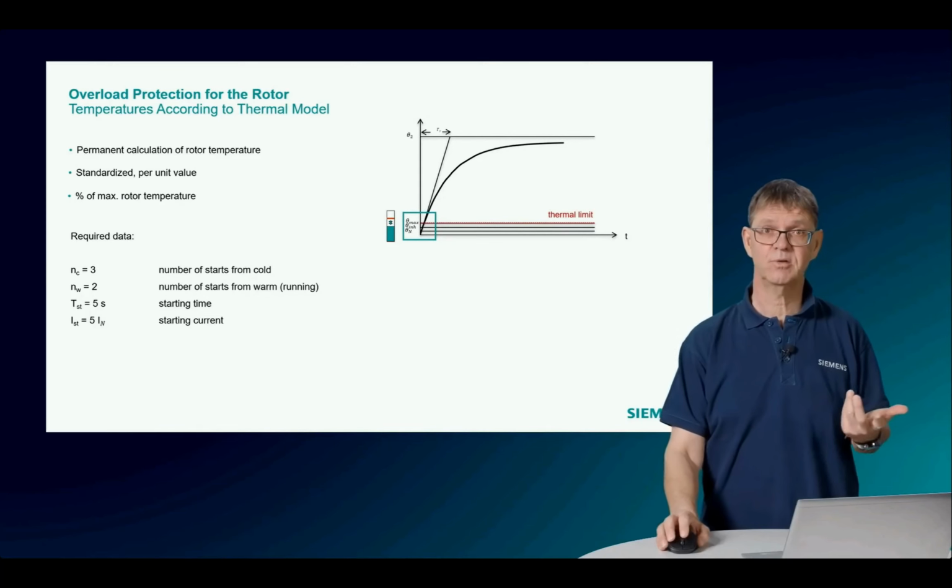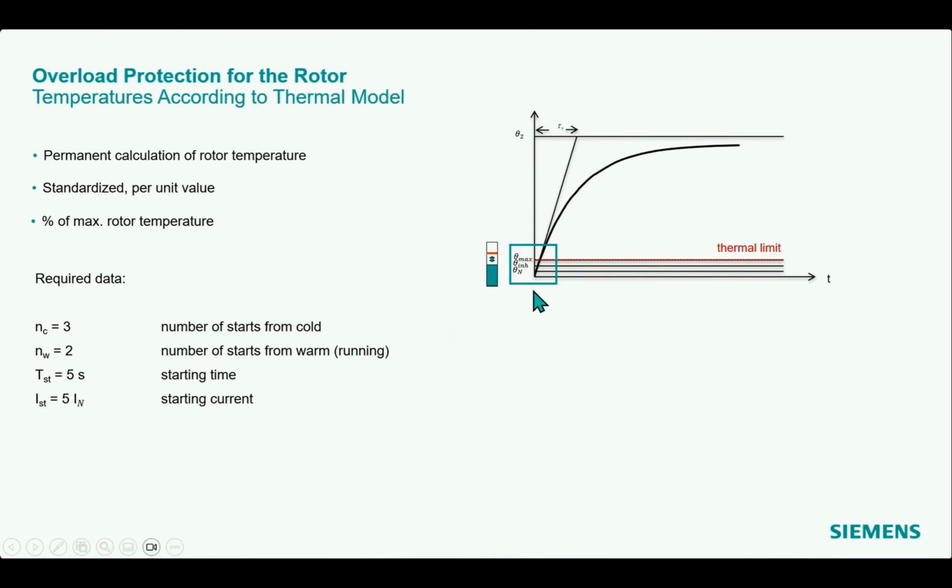Okay, here's an example for the rotor temperature. If we have a locked rotor situation and we keep the rotor locked, then you see the maximum rotor temperature goes far away. This is something like 8-9 times the maximum temperature. And what we do is we monitor this small part here between 0 and the maximum temperature permanently with this model.